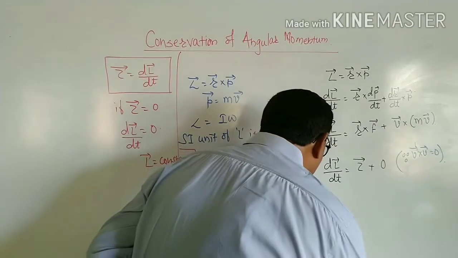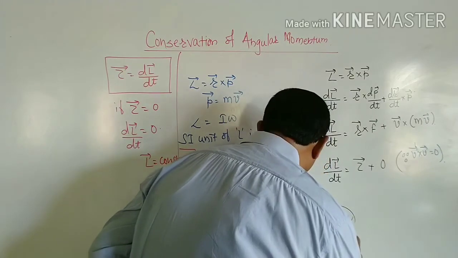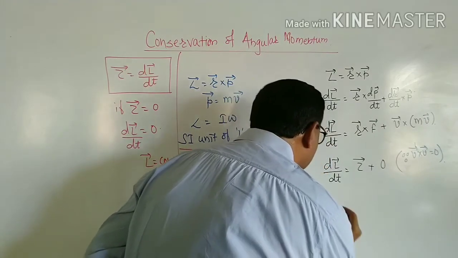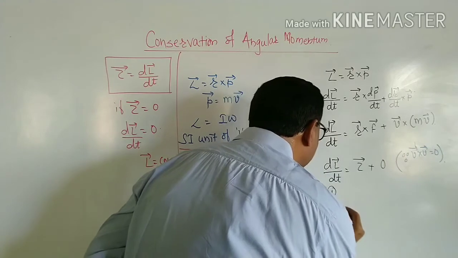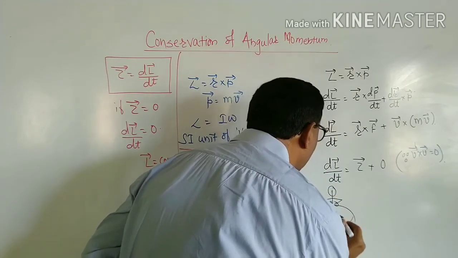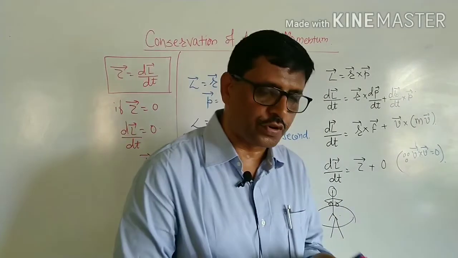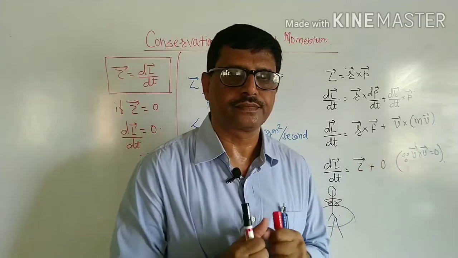But when the same person folds his hands, his moment of inertia about the axis of rotation decreases.